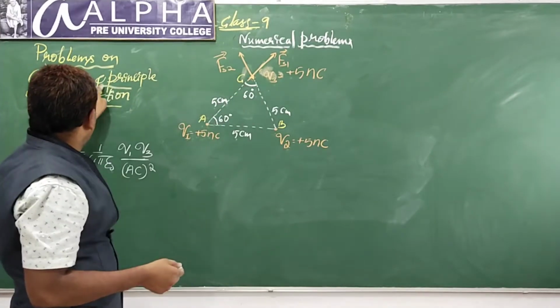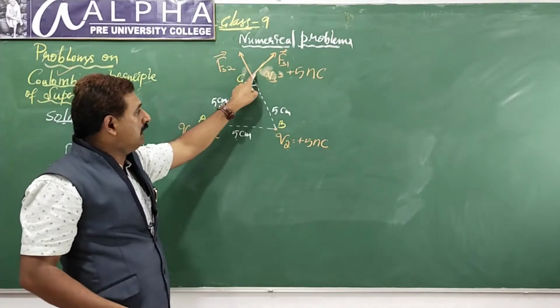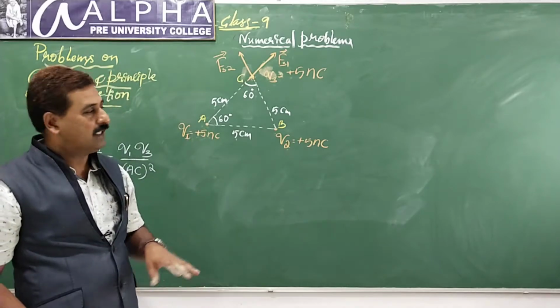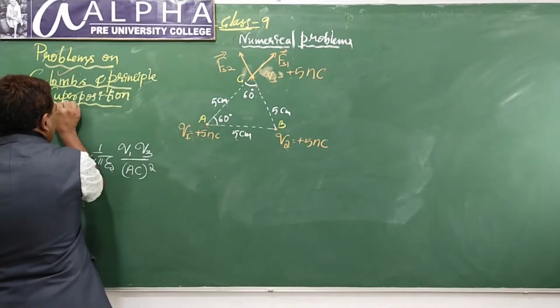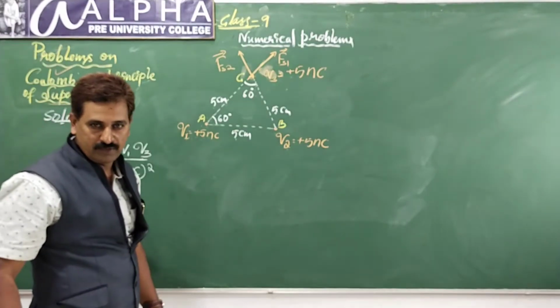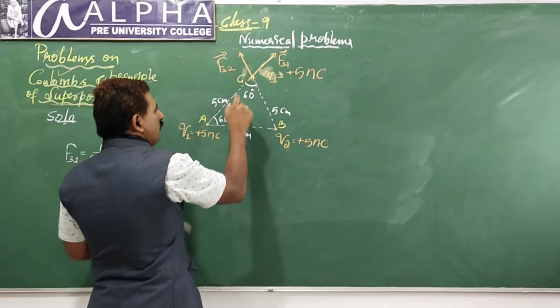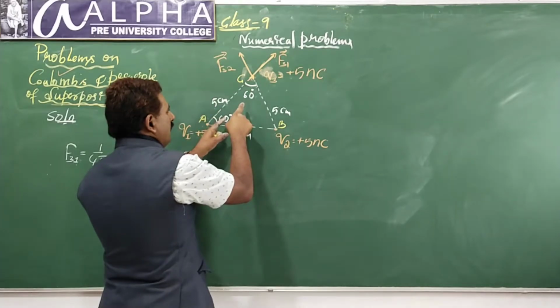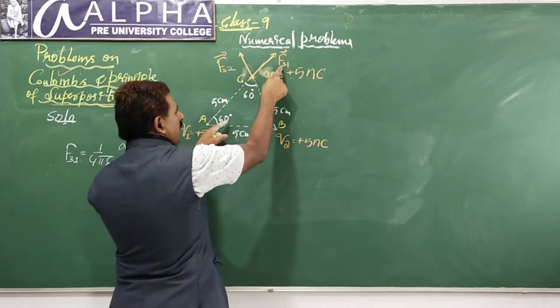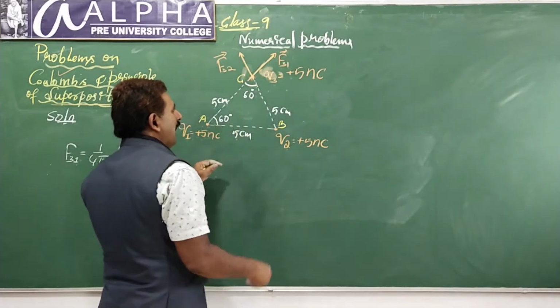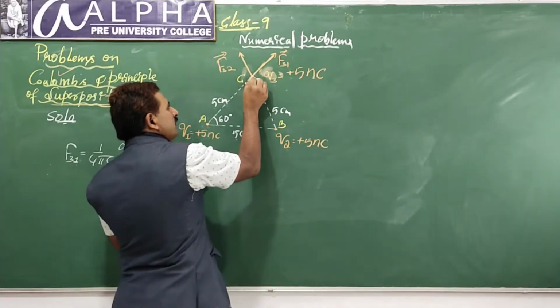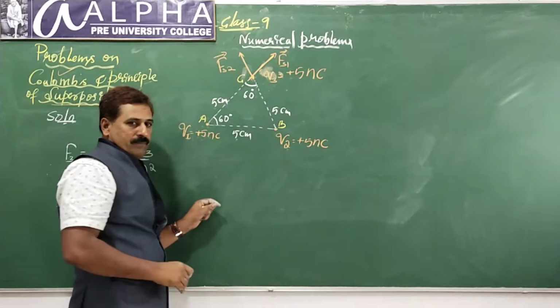Two forces acting at one point, that is on charge Q3 simultaneously. Superposition of force. These two together produce one effect. Instead of applying F31 this way, F32 this way simultaneously, I can apply one force in a particular direction.